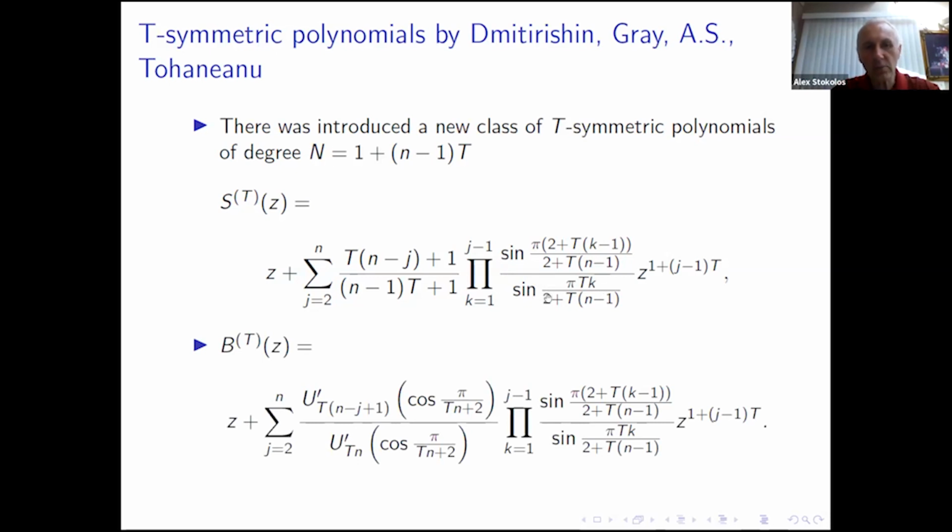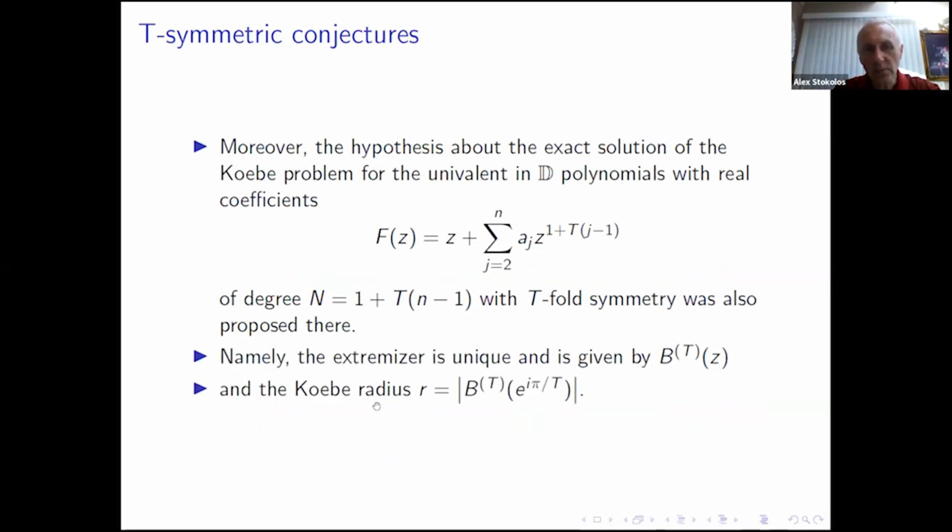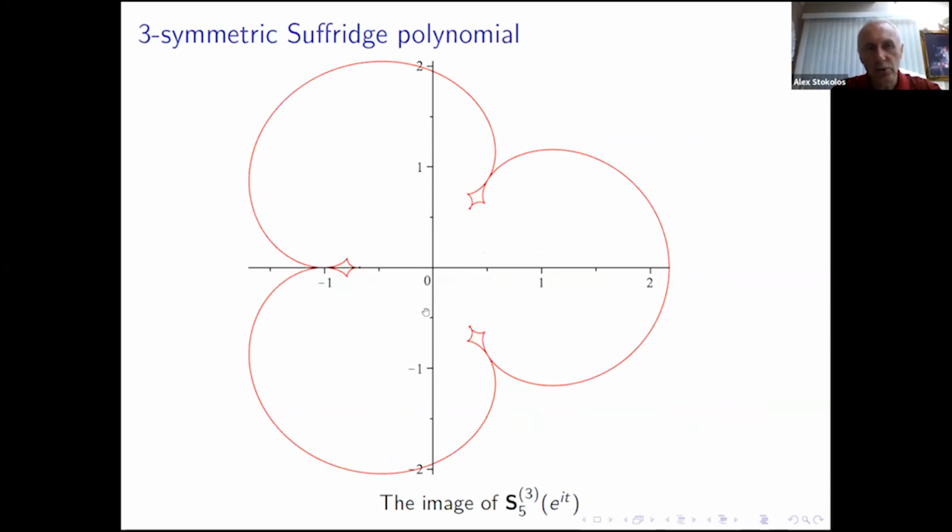And for Brandt polynomials, we also introduce another t-symmetric version with the same factor, and here we add t in this index. And we make a couple of conjectures about this, and let me just show pictures.